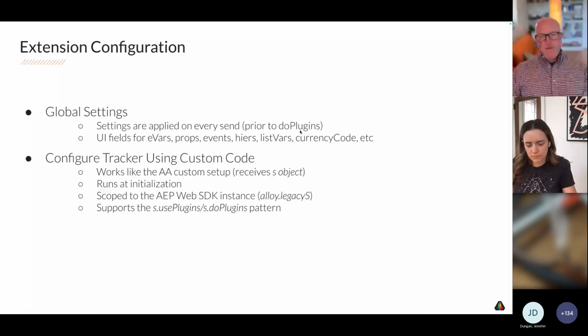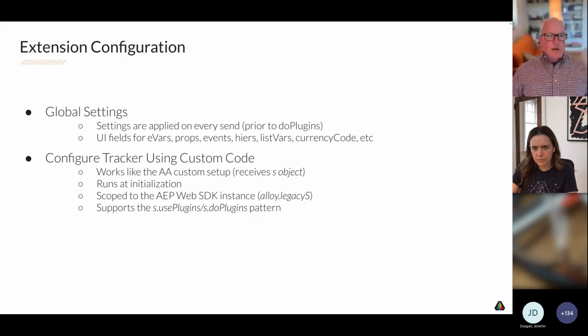So do plugins. This is another thing that we wanted to provide in this extension to give you an easy migration path. So if you are using do plugins on your current implementation, a lot of people have it from way back when, even before they were on Launch, you can use that same do plugins code within this environment.